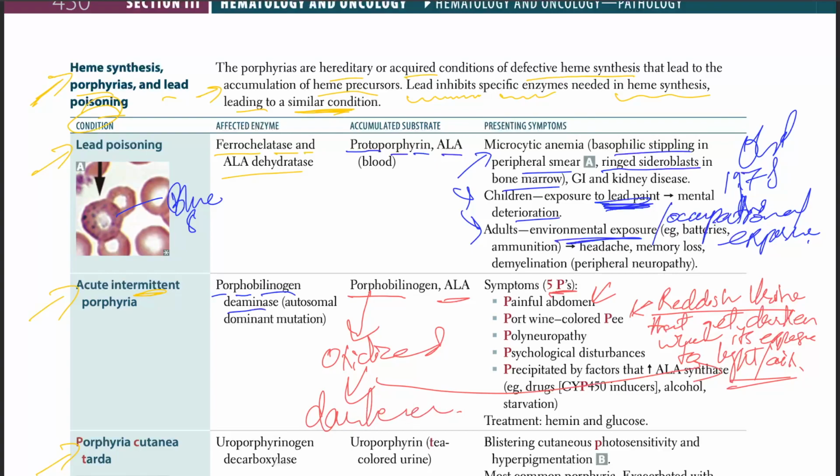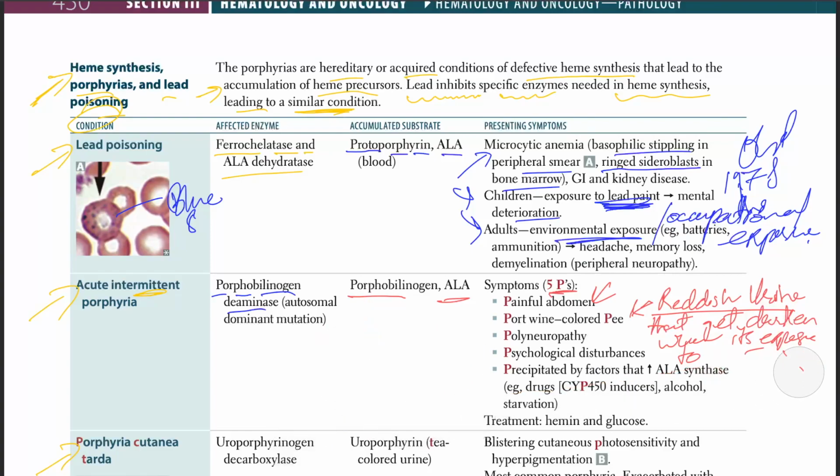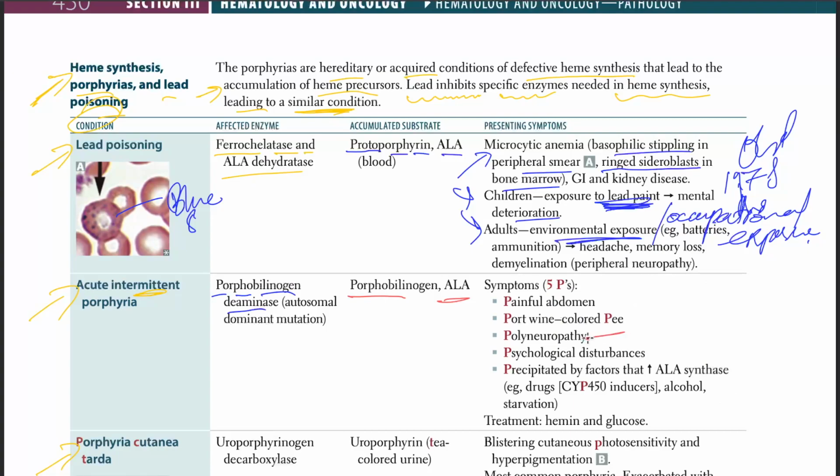Okay, that's the port wine urine. All right. So you will have peripheral neuropathy. You will also have precipitation by factors that increase ALA.